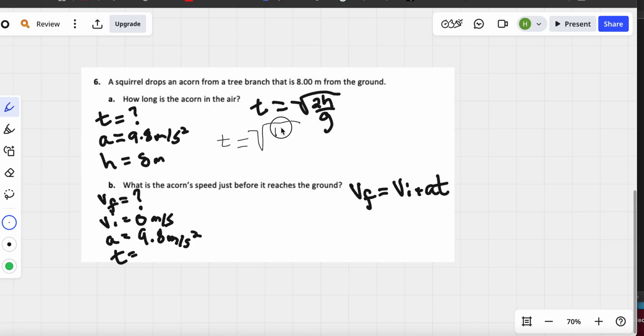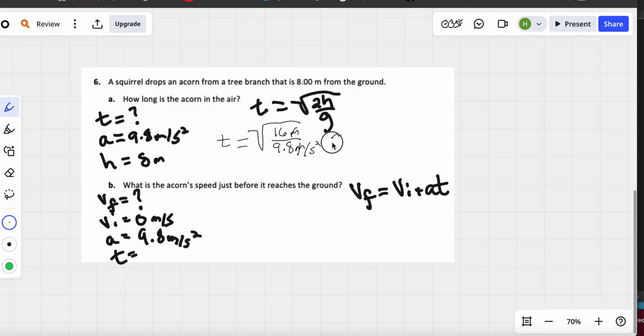Two times 8 is 16. And gravity is 9.8 meters a second squared. So meters will cancel with meters.